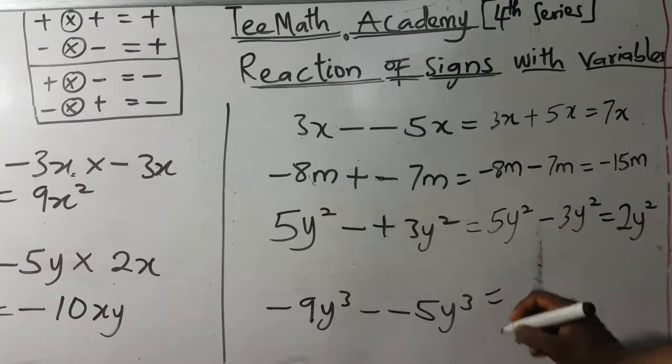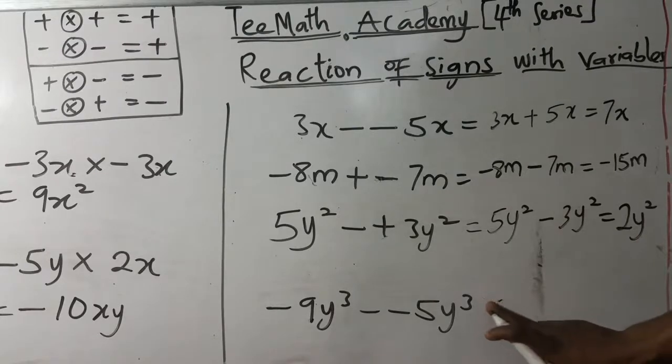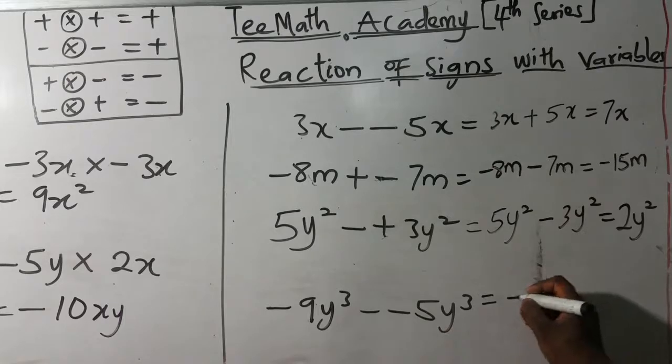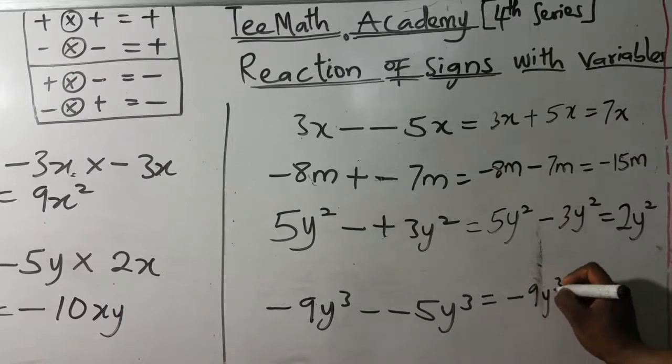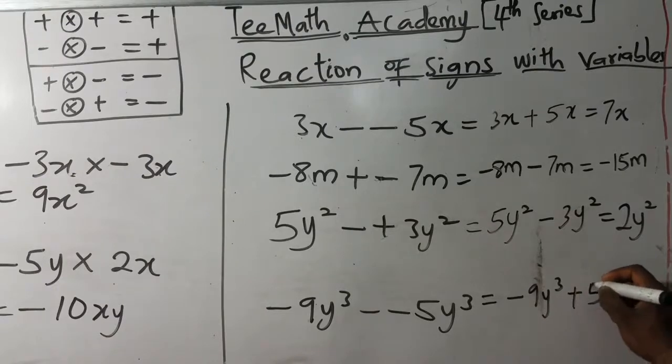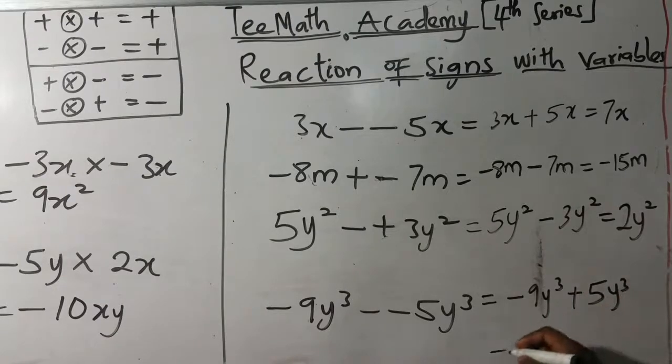Then this one too is the same. We have, okay, minus 9y cubed. Please, this one cannot multiply this. Like I said, it is the ones that are very close together. So that will be minus 9y cubed. So minus times minus is plus. Plus 5y cubed. Now, you are owing 9, they are the same variables and power.